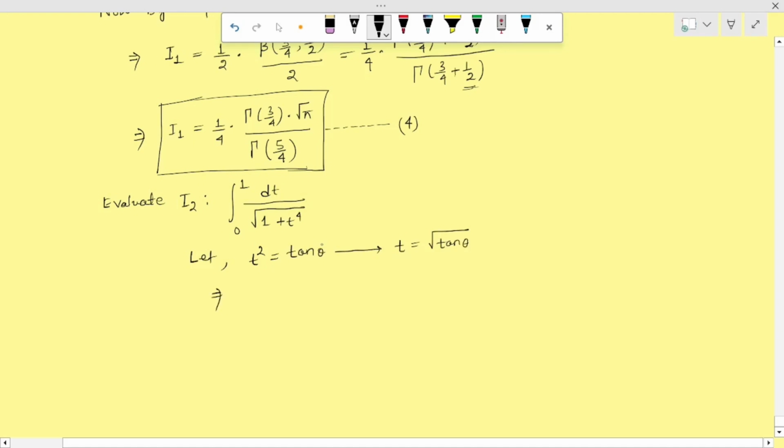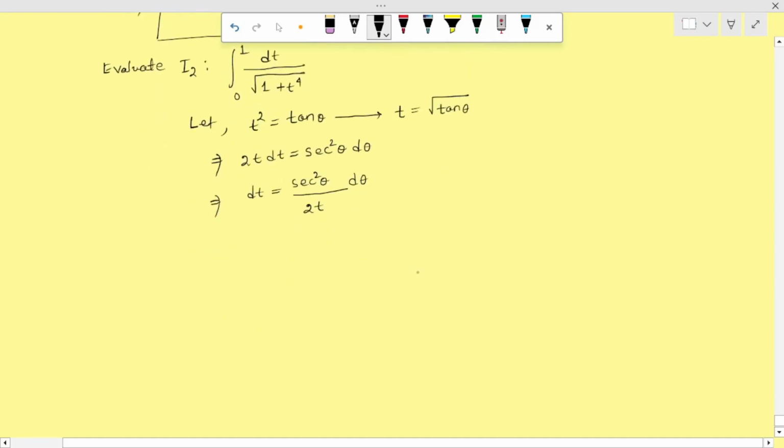Here if t square equal to tan theta, then differentiating both sides, it will be 2t dt equals the derivative of tan theta with respect to theta, which is sec square theta d theta. That implies dt will be sec square theta by 2t d theta.